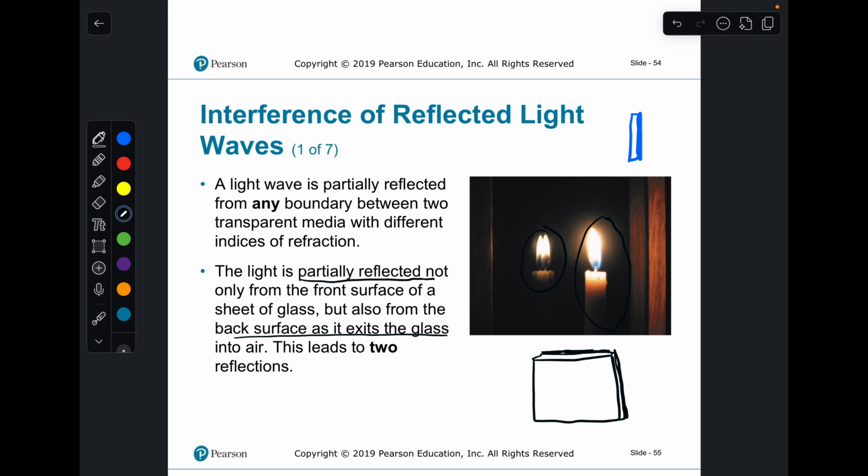So what's happening in this picture is you have light hitting the front of the mirror and turning around and coming back into our eye so we can see it. And then you have some of that light going through to the back end of that glass, and then that is coming out, and it looks like two images to us. In other words, two reflections.